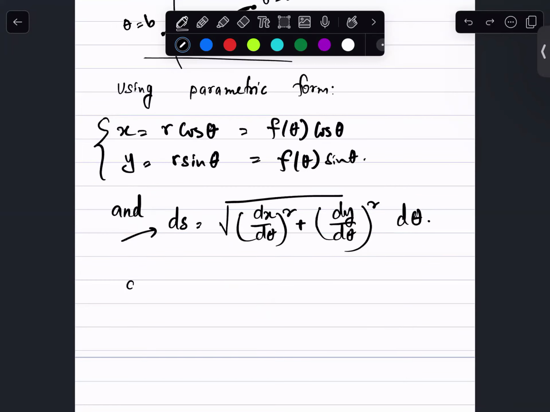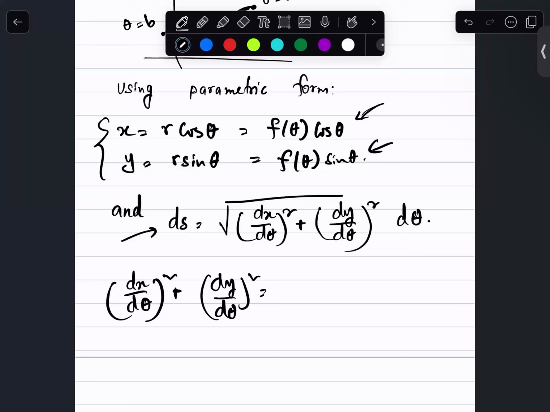Okay, so what is (dx/dθ)² plus (dy/dθ)²? These are the formulas of x and y in terms of theta. So I have to take the derivative of these with respect to theta, and then I'll get f'(θ) cosθ minus f(θ) sinθ, using the product rule.